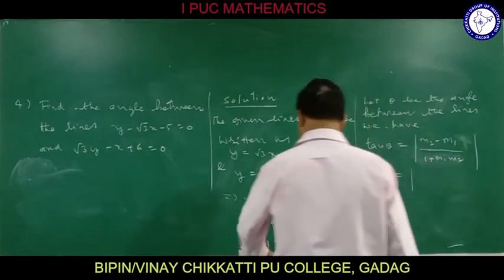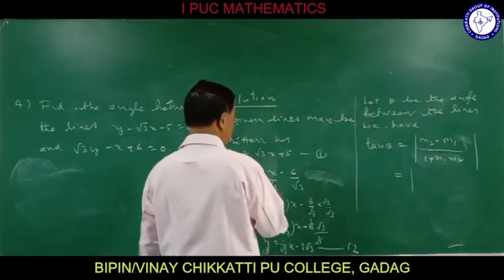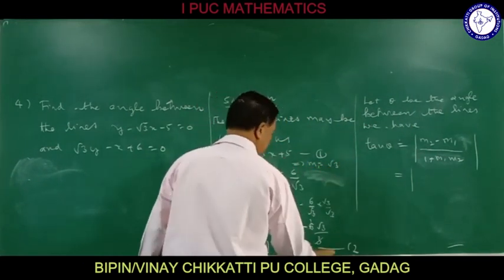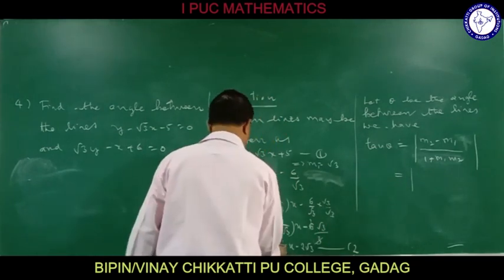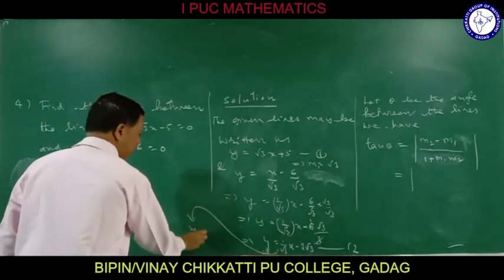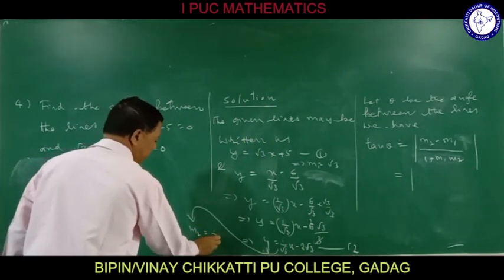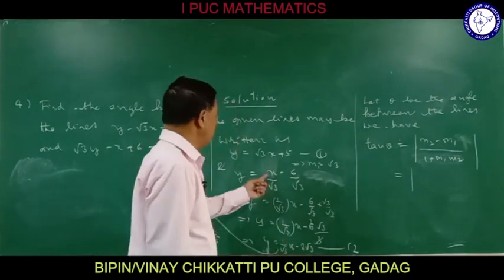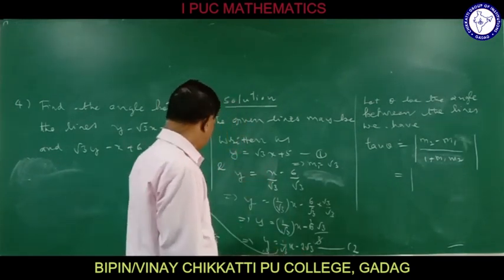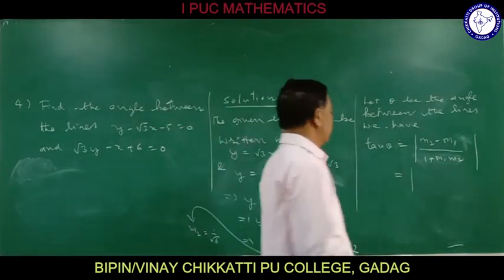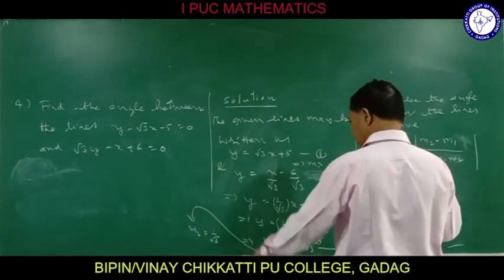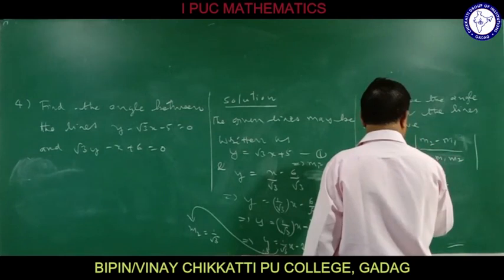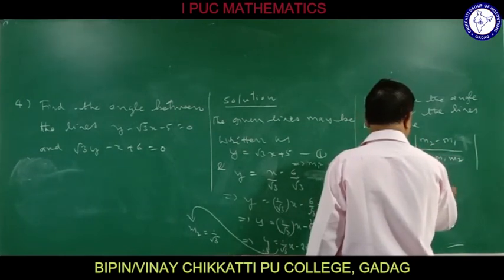Here you can see that m1 is equal to root 3, and m2 is equal to 1 upon root 3, because y equal to mx plus c. So we have to substitute the values. That is m2 minus m1 is 1 upon root 3 minus root 3, divided by 1 plus root 3 into 1 upon root 3.